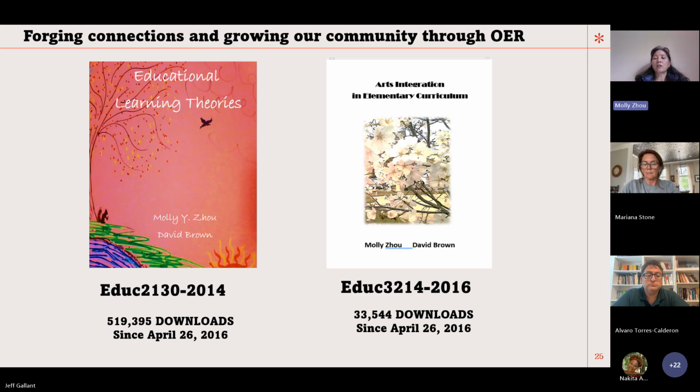In 2019, another invitation came from one of the small countries near Russia asking for a translation of this educational learning theory book into Russian. So you see that this kind of collaboration really goes beyond the classroom. It's forging a community of love, a community of support, and a community of creative work.